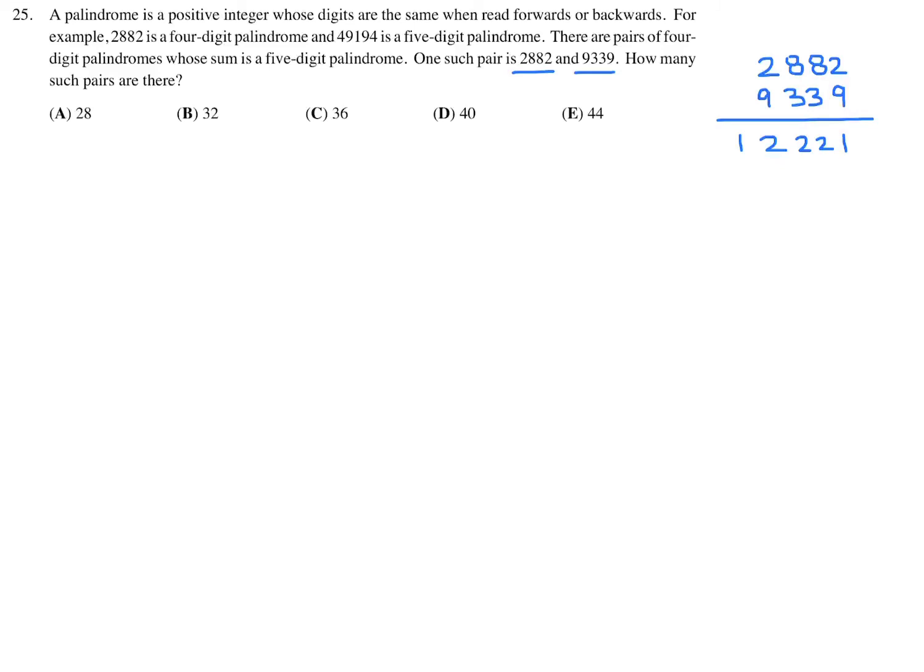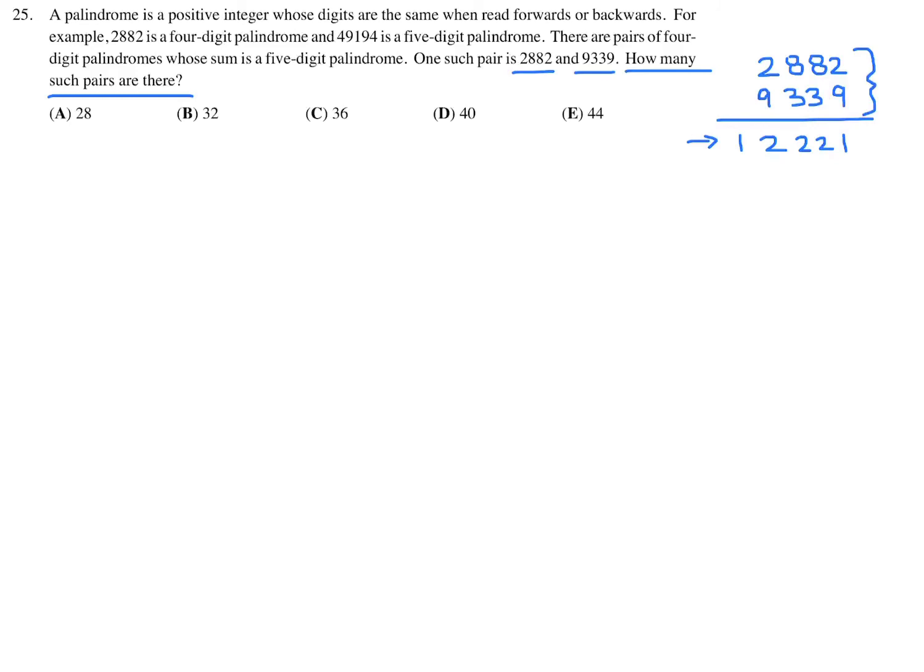Okay? And that is the explanation and the example. And this is one such pair. They want you to figure out how many such pairs there are. So pairs of two numbers where each of the numbers are 4-digit palindromes, when added, will result in a 5-digit number that is also a palindrome.